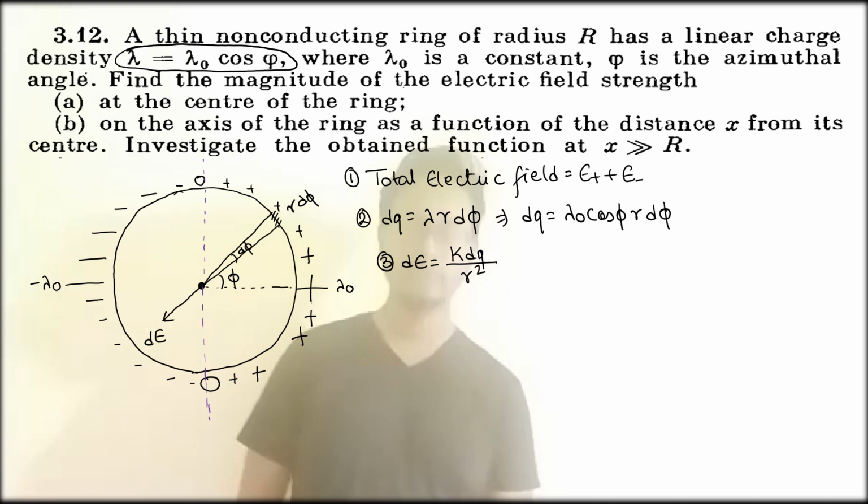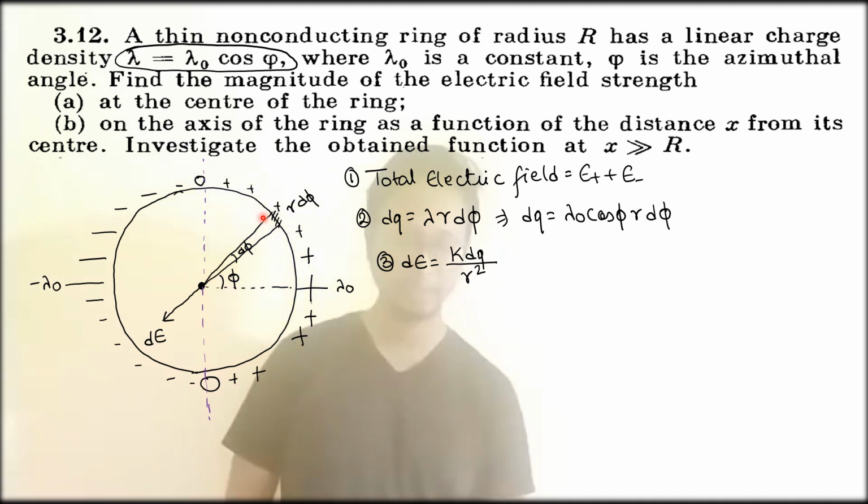Understood? So the elemental electric field due to this much length at the center is K into charge out here divided by r square. But the charge out here is nothing but charge density into this much length, and this much length is nothing but r d phi. Fair and fine.